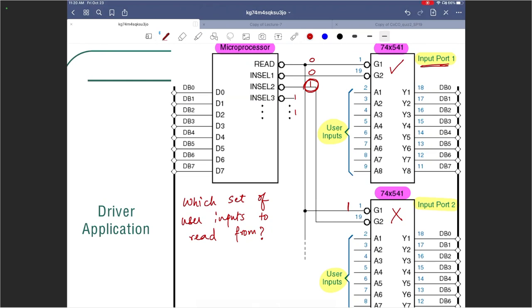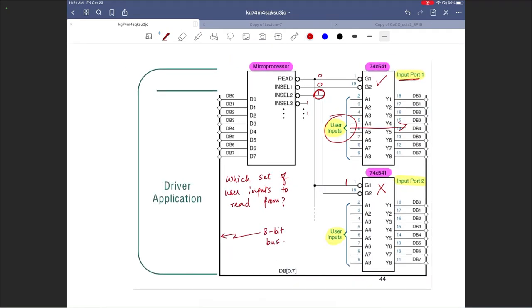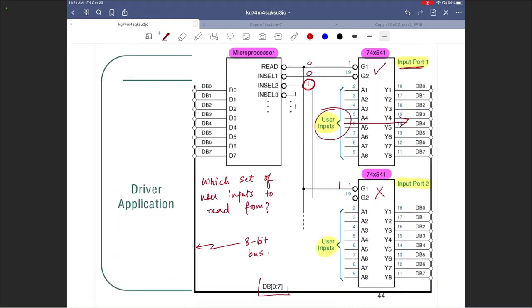So who takes charge of this 8-bit bus? This is an 8-bit bus. Well, these user inputs are going to now take charge of the data bus, and that data bus is being read by the microprocessor on these lines.